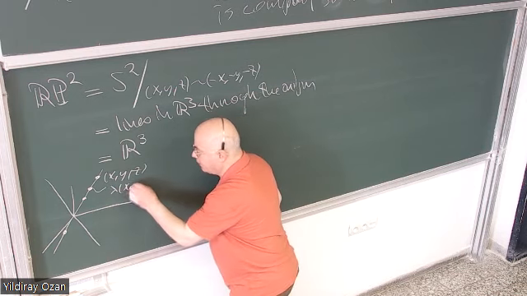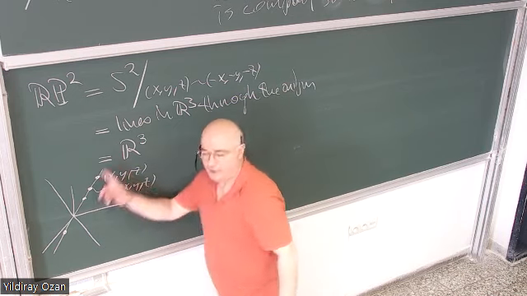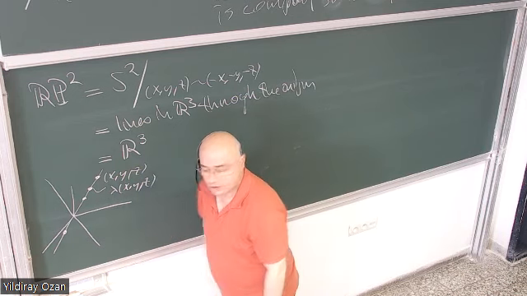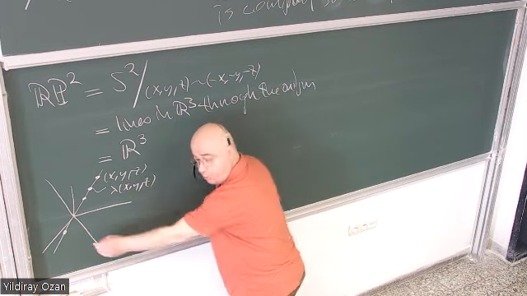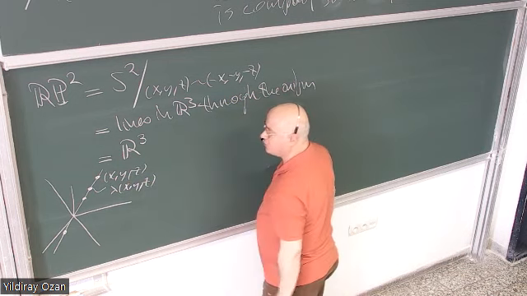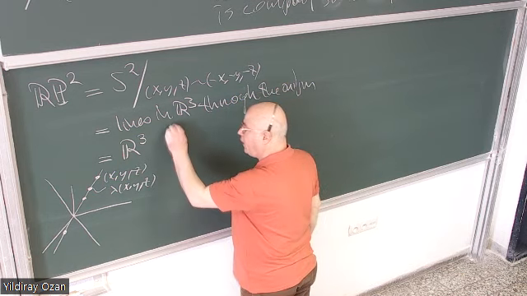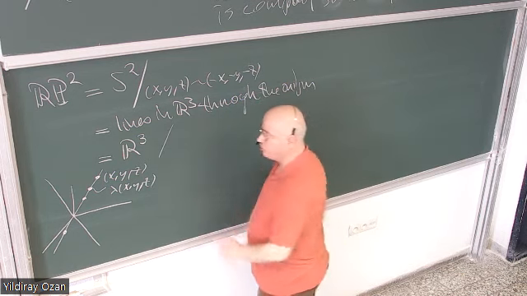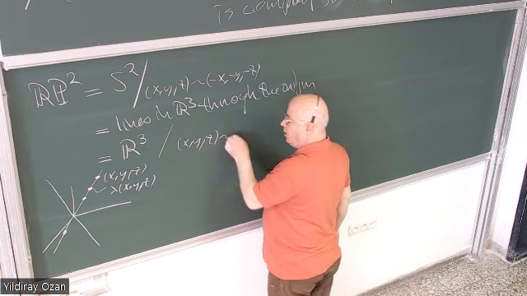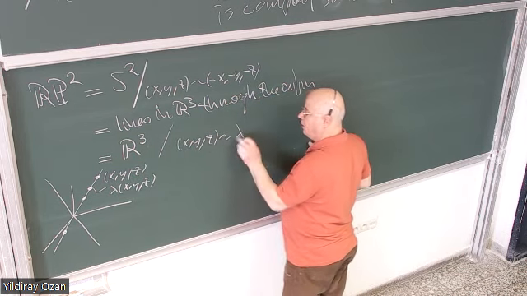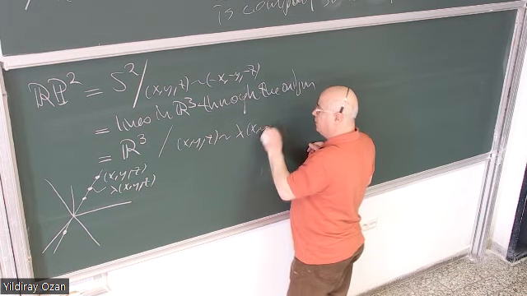Lambda times x, y, z, right? They are on the same line. So what can I do? I can just identify all these points. So I can just divide this via the equivalence relation x, y, z with lambda x, y, z.